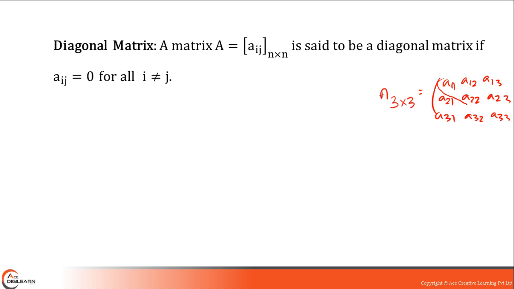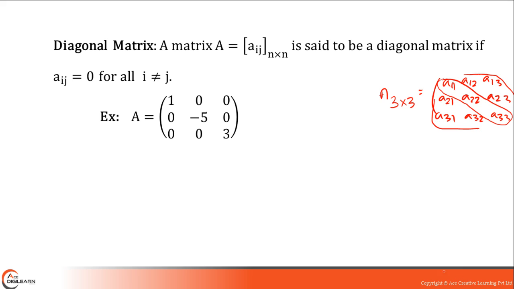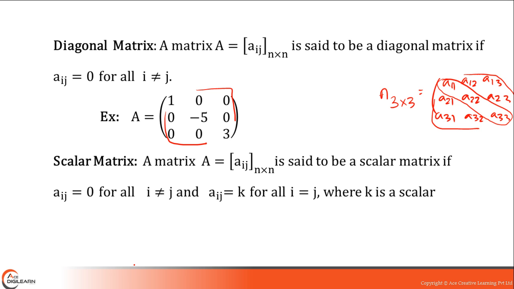These are the diagonal elements, where the i value and j value are equal, and these are all the non-diagonal elements, where i is not equal to j. Look at an example. Non-diagonal elements are zeros.